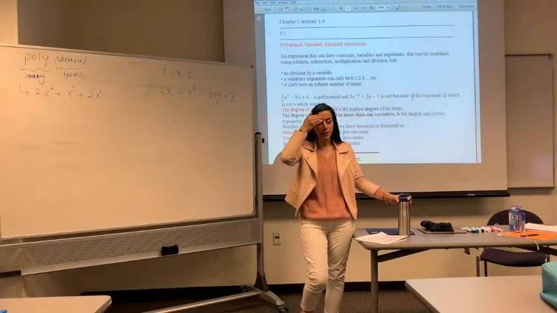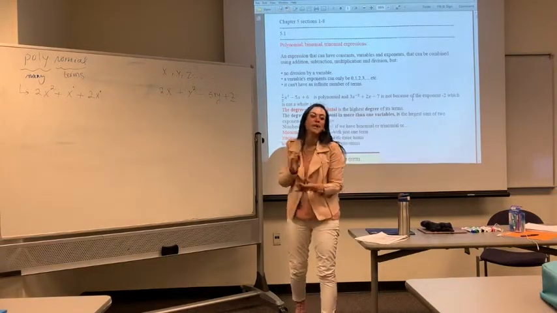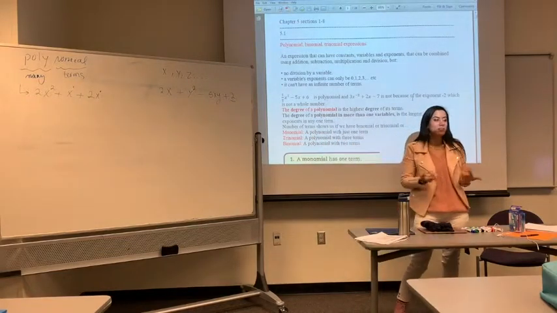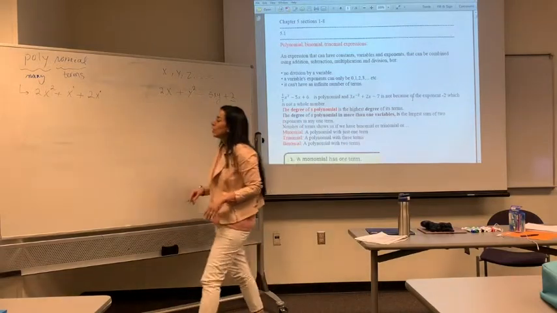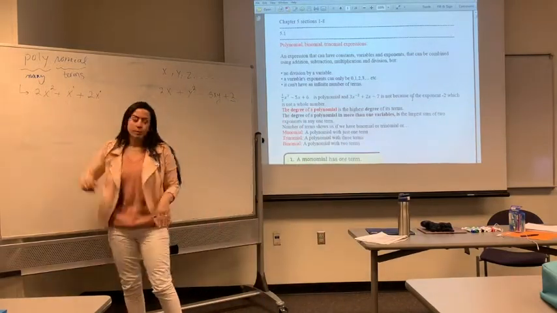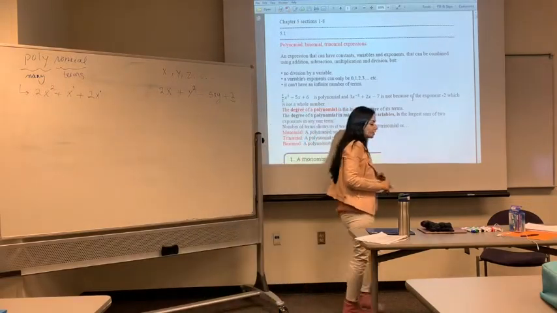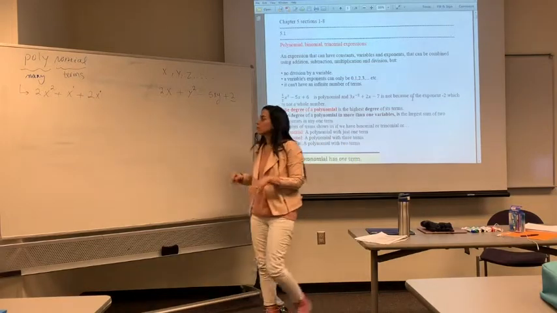Do you remember? Natural number, whole number. We talked about this, integer, all of this, right? So all the exponents should be all the numbers from 0 to infinity. All of them are positive integer, no fraction, no decimal term, no decimal exponent.